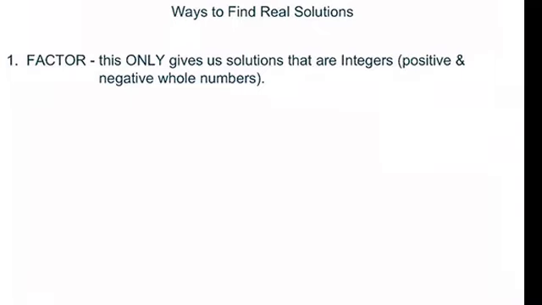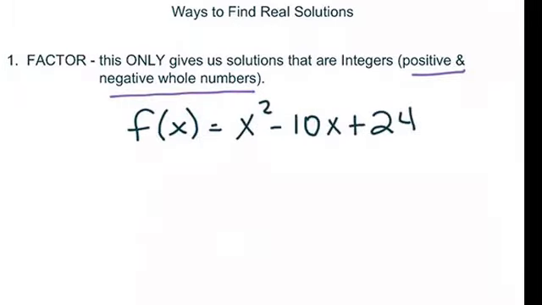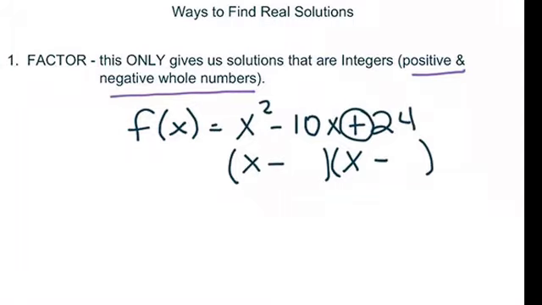Okay, you guys know this one. We can factor. Now, what you need to know about factoring is this only gives us solutions that are integers, and integers are positive and negative whole numbers. Okay? So if we need to find the real solutions of f of x, I am going to factor this trinomial into x. I've got to have the same signs, and they're both going to be negatives.